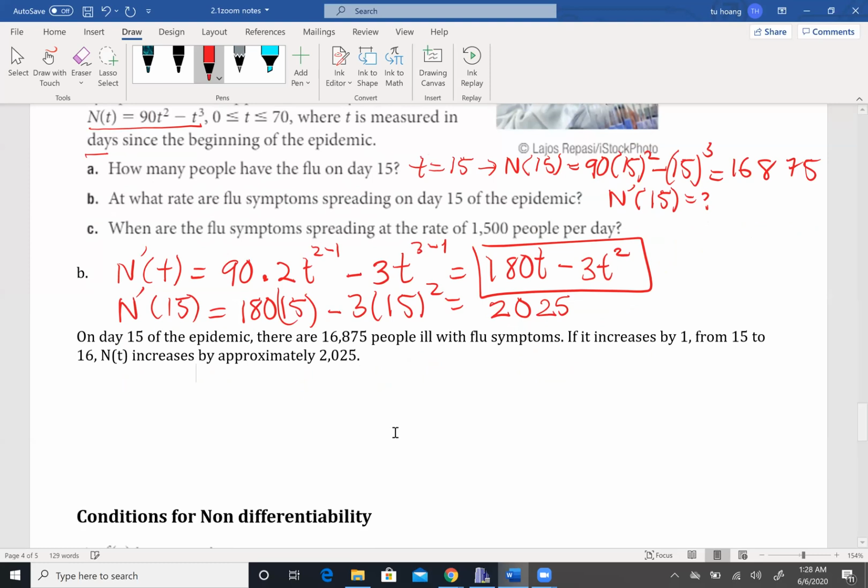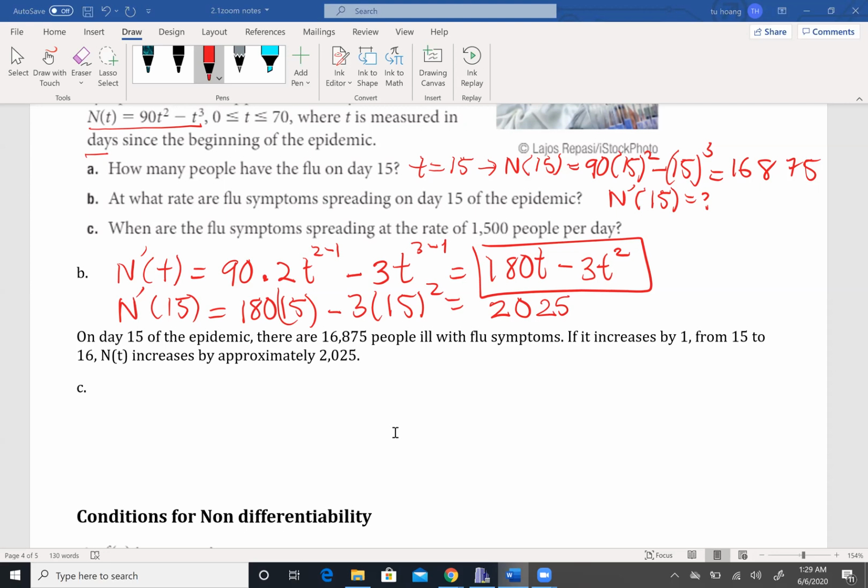And lastly, problem C, when the flu symptoms spread at the rate of 1,500 people per day. Okay, so in this case, they're giving you the rate of 1,500 people per day.